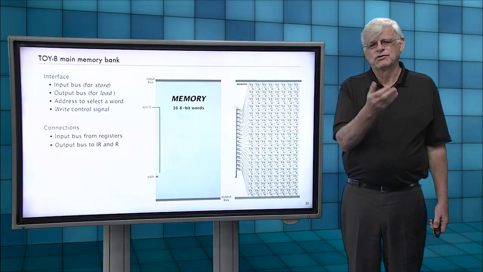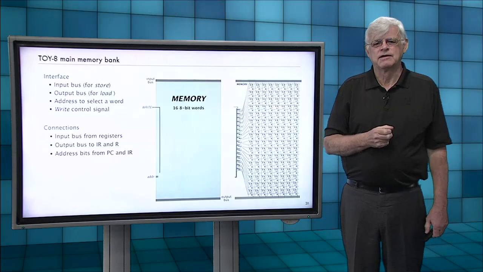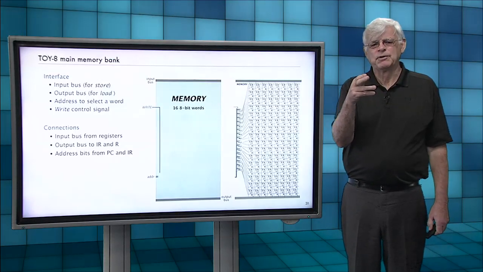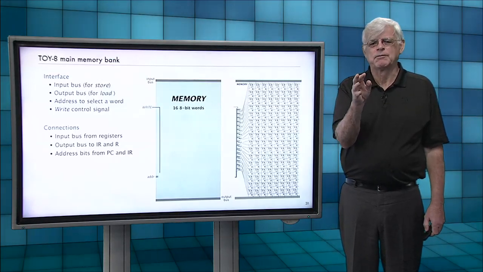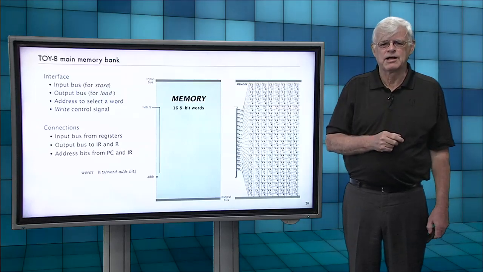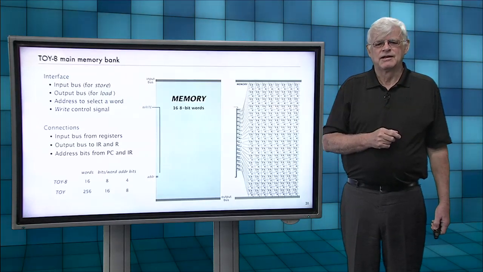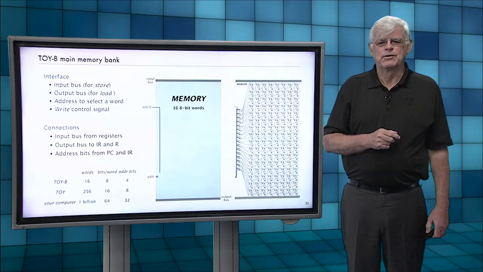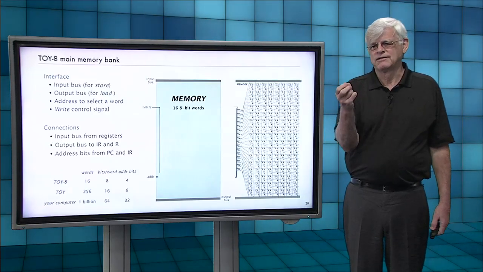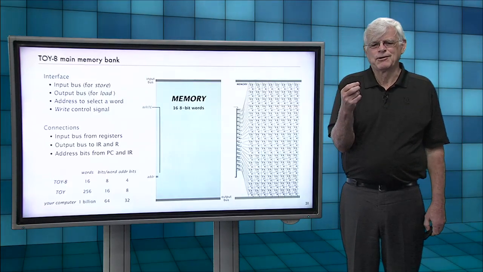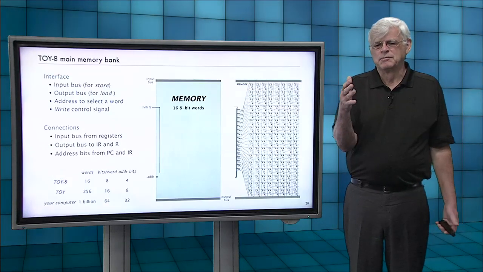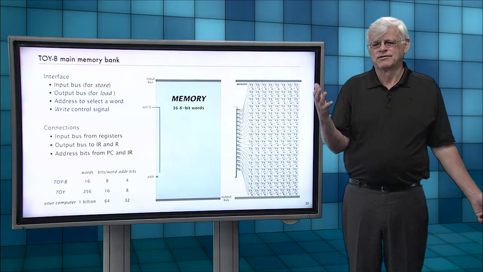The output bus goes to the instruction register, and the address bits come from the PC. And we'll see how the memory connects up to the other components. And again, your computer might have a billion bits. You need an electron microscope to see them all, but the design is the same.